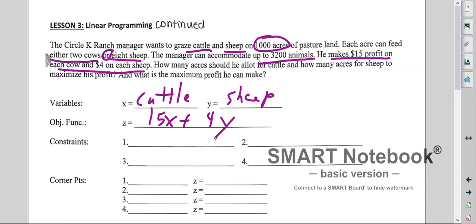Now, what are my constraints? Well, he has 2 types of animals. And he only has 1,000 acres. So this is acres for cattle and acres for sheep. Okay. So acres for cattle and acres for sheep has to be less than or equal to 1,000. That's all he has.